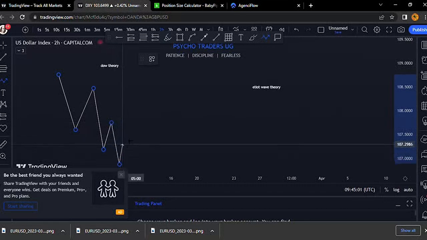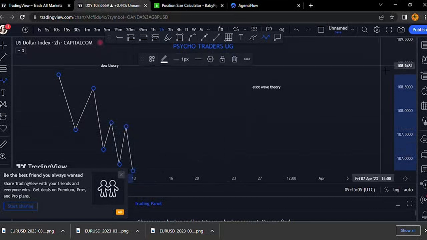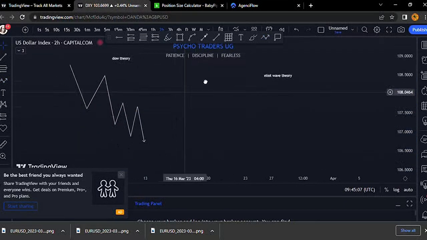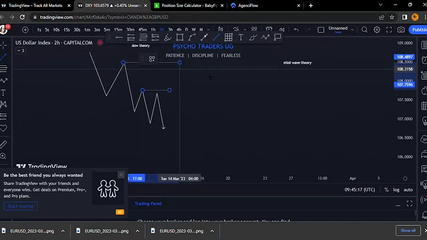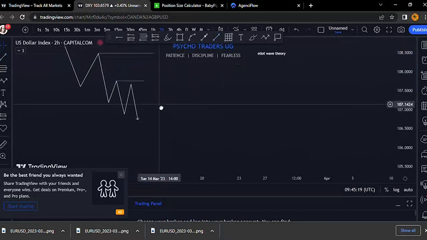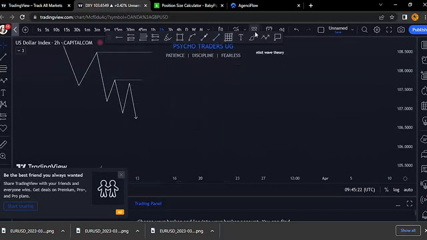The Dow theory says that if the market is downtrending, it has to leave protected highs alone. They don't have to be liquidated. It has to move perfectly with structure. It doesn't have to go above the high when it's in a downtrend.